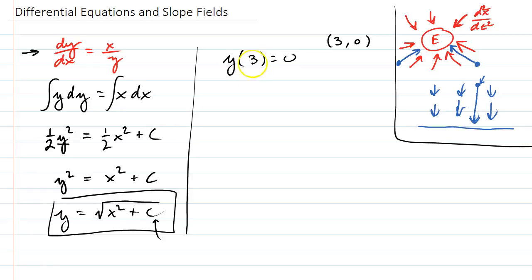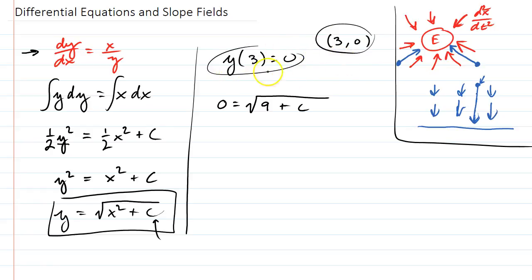So what does that mean? That means if I plug in a 3, I should get a 0 out. So in this equation, 0 is y. I put 3 in here, I get 9 plus c. So I'm taking this 3, 0, which is what that is saying, and I'm plugging it into there. So I solve this.